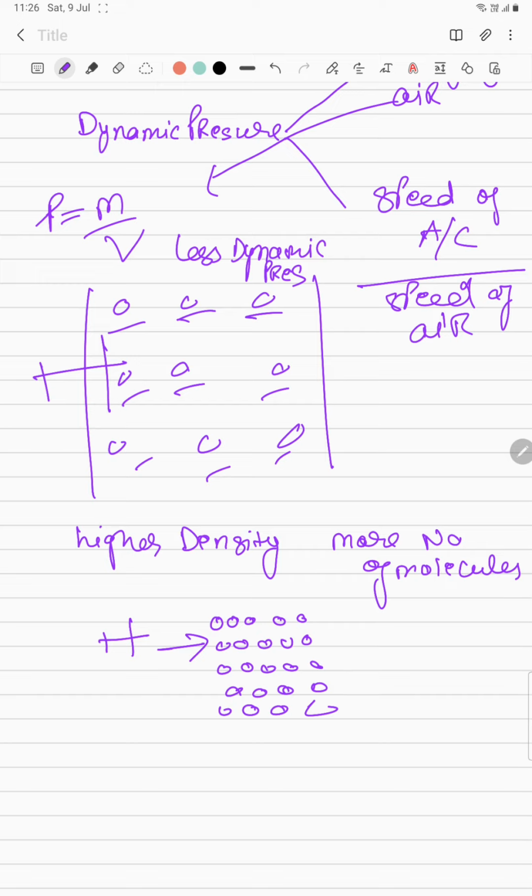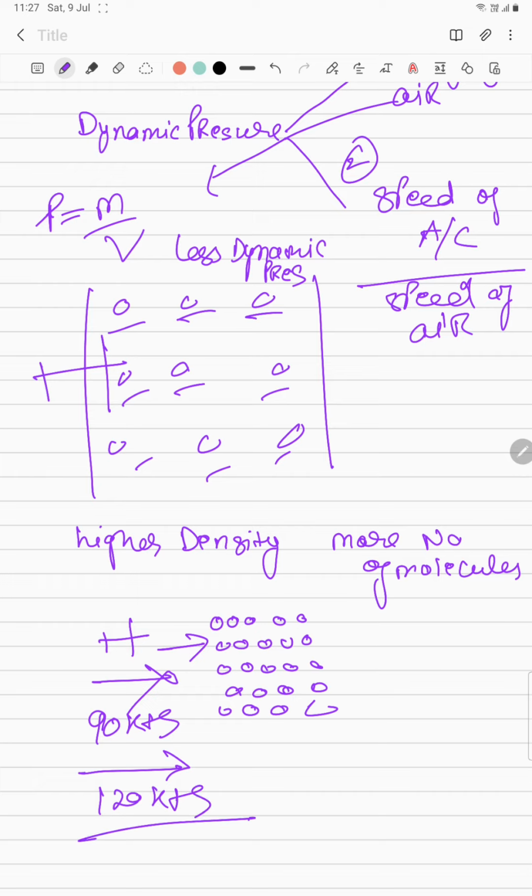And the second parameter on which the dynamic pressure depends is the speed of your aircraft. Now, the higher the speed of the aircraft, if it is going at 90 knots, it will have a certain dynamic pressure, but if it's going at 120 knots, it will have more dynamic pressure because it will go through the molecules, or create a motion in the air, which is greater than when it is going at 90 knots.